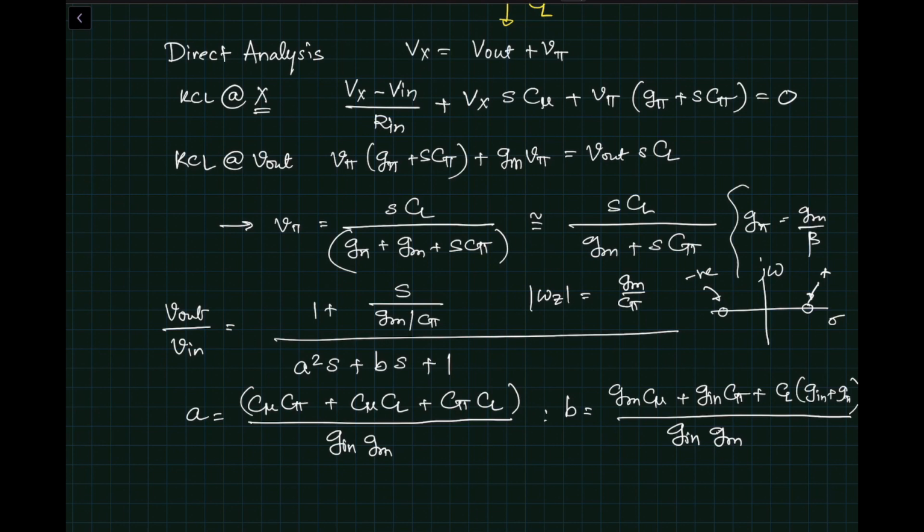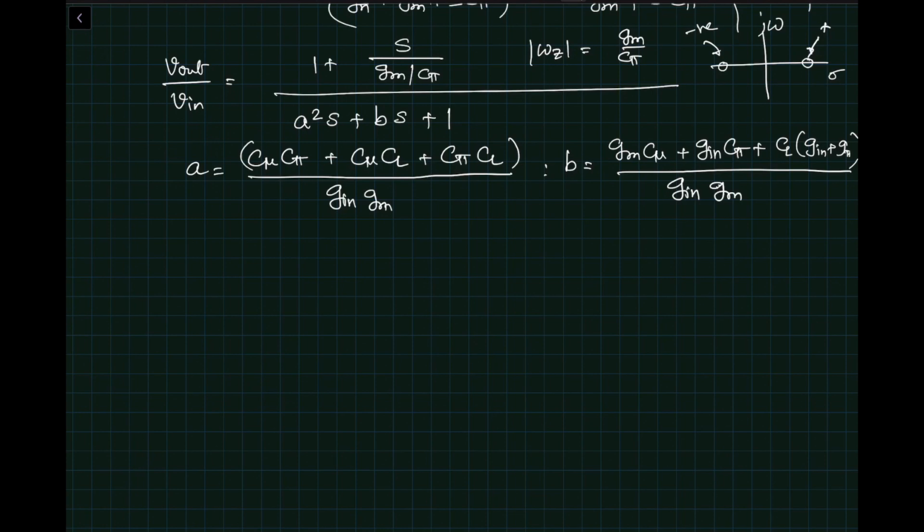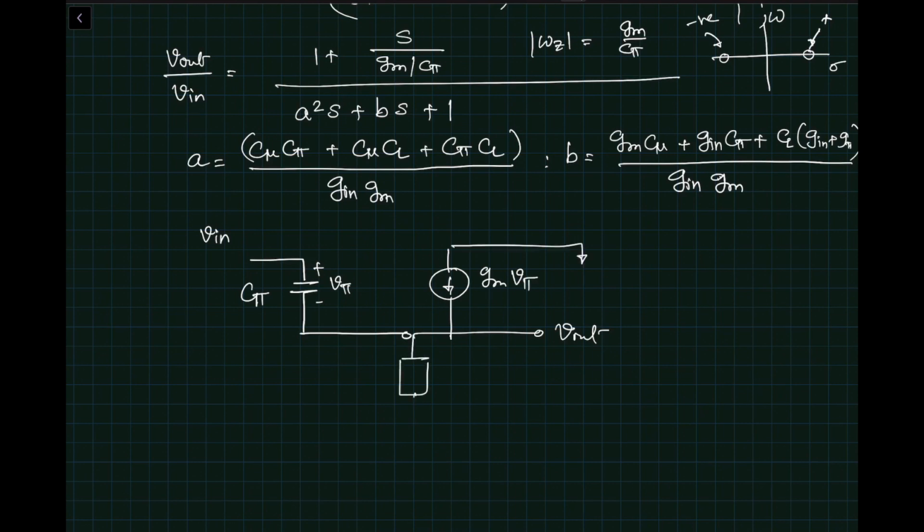And now I will show you the trick that I have taught you earlier. Using that, you can also figure out the same location of the zero. If you remember, we have a capacitance going from input to output. So this is our V input and the capacitance value is C pi, with plus and minus V pi across it, and then we have this output V out, where we have a current flowing in like this, Gm times V pi, and there is some R and C, some Z, connected from V out to ground.